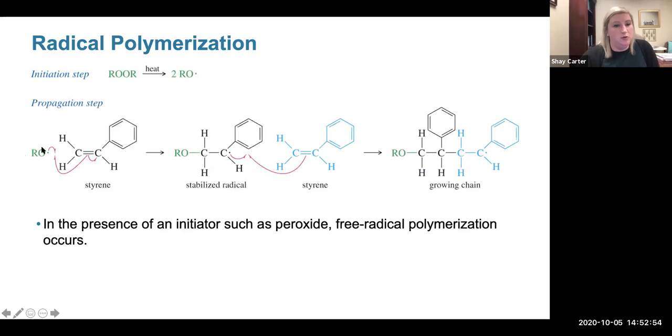You have to have an initiator, such as peroxide, and that radical, so one of the electrons from the pi bond in the double bond will go toward the covalent bond formed by the radical. The other will go on to the other carbon, and then the next two will form a covalent bond together using one of each, and you'll have a growing chain.